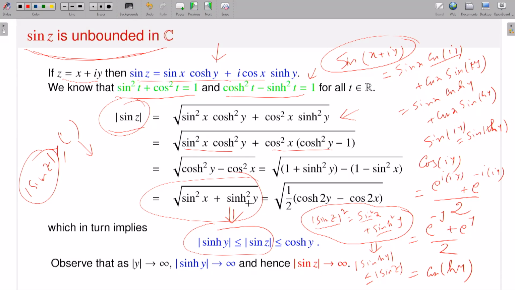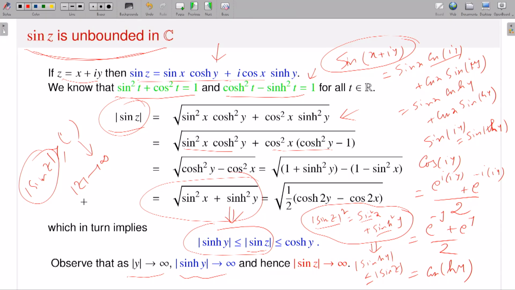Then it says that the modulus of sine z is greater than or equal to some quantity. Now if mod z approaches infinity, that means if I take x and y very large, then in the real setting the modulus of sine hyperbolic y actually blows up. That means this approaches infinity if mod y approaches infinity. Now if mod y approaches infinity, that means mod z approaches infinity.